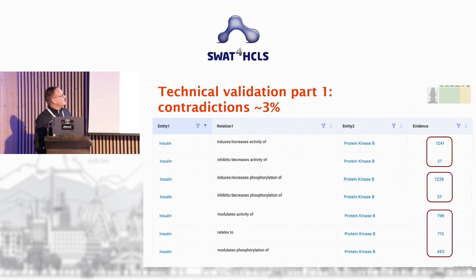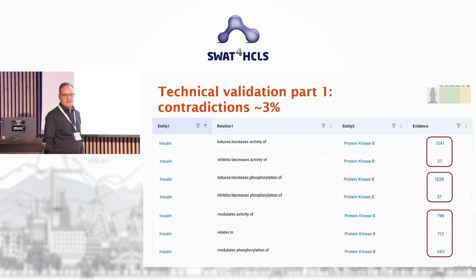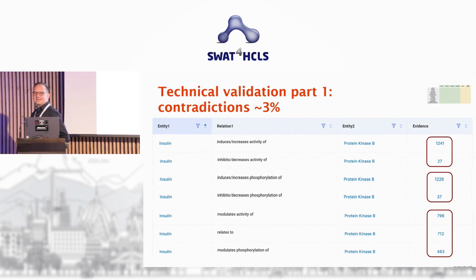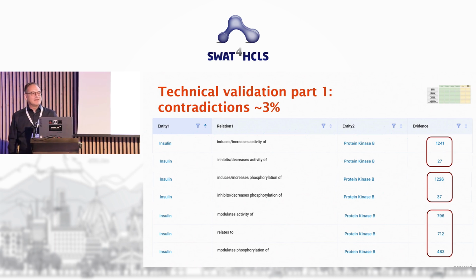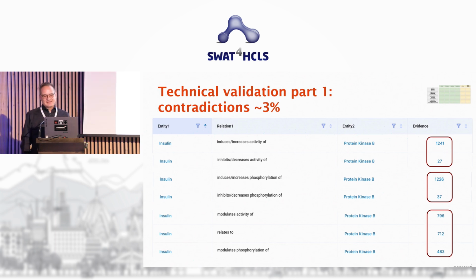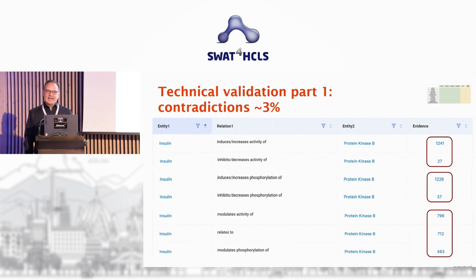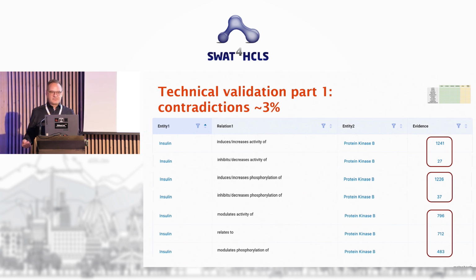Here we see results, and one measure. At the beginning I said working with a language model can be difficult because it doesn't always tell us the truth. And so one measure of the quality in this area is to look at the contradictions.